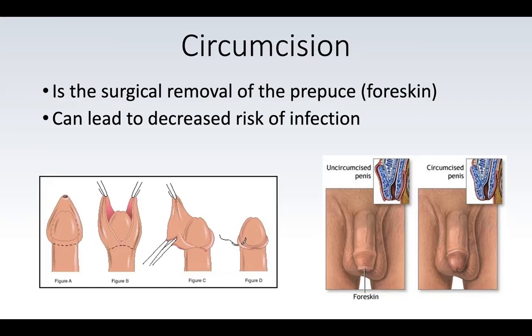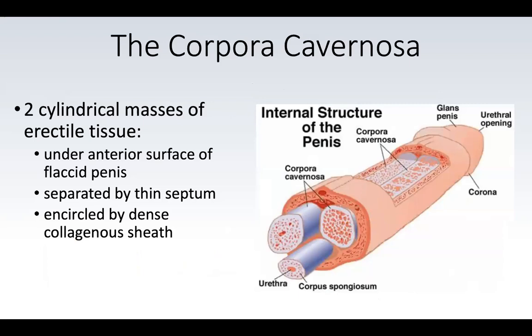Circumcision is merely the procedure by which we remove the foreskin, and studies have shown over and over again that it is strongly correlated with decreased risk of infection, specifically STIs in the male. For this reason, it is a common question that is asked of new parents when they have a baby boy.